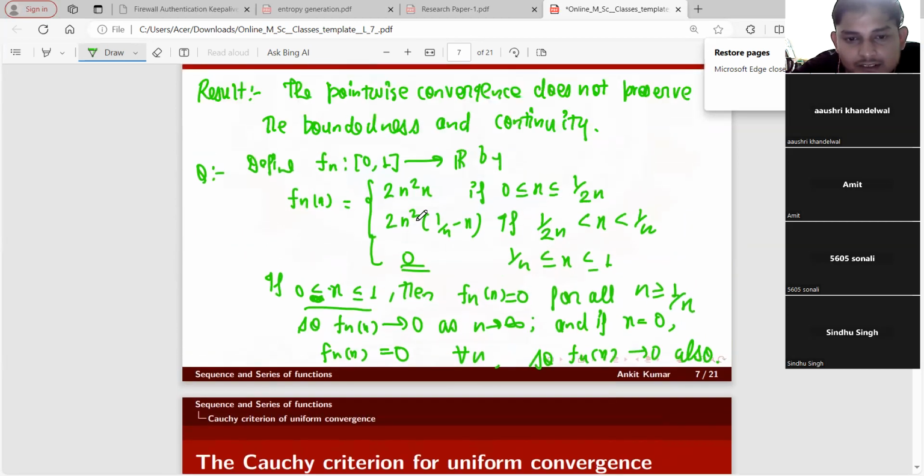And also we see that as n tends to infinity, the maximum goes to infinity, since fn(x) is 2n square x.